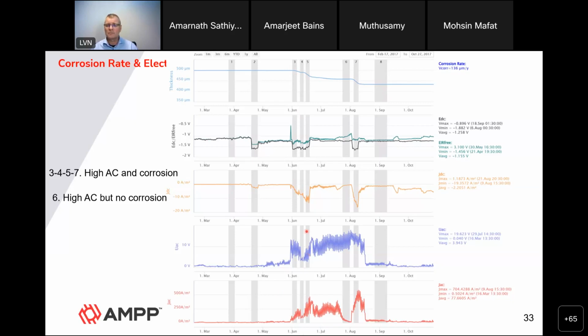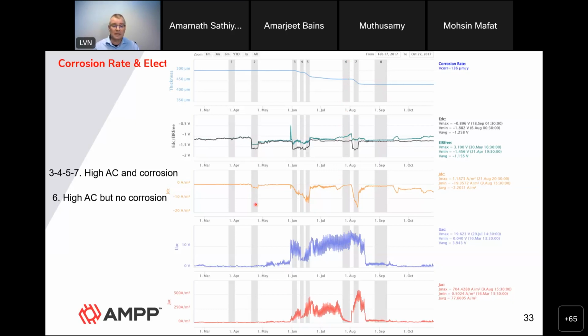And when you compare the corrosive situation here with a situation that you have created here in slot number 6, the only difference is that in slot number 6, you still have quite a high level of AC, but you have now changed your potential to less negative values, and you have gotten rid of your corrosion rate.